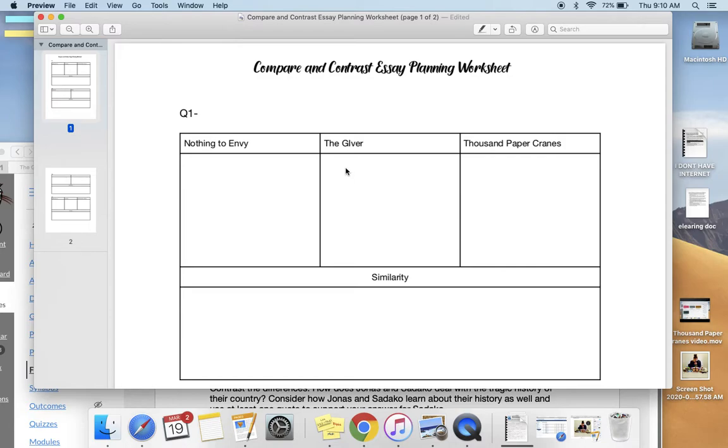Okay. Well, Giver, he's got parents. And I would guess, I just copied and pasted that. Sadako has parents too.